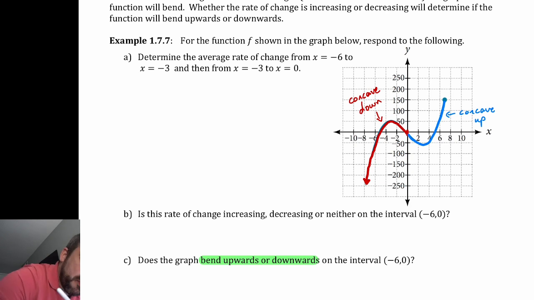So concave up, go back to the last page, and we'll name the concave down and concave up intervals for this one. So the concave down interval, the first one here, is going to be from negative infinity to 0. And then it's concave up on 0 to 6.